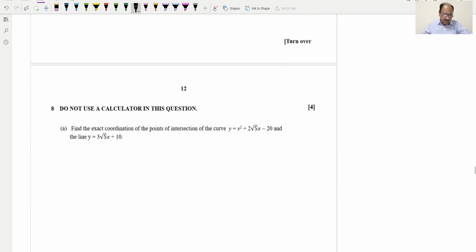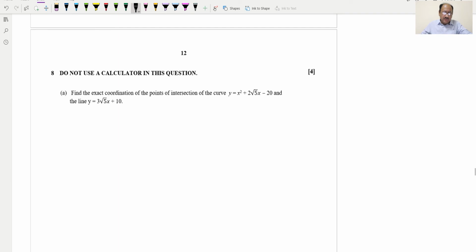Next is question number 8, and we can't use the calculator in this question also. In part A, find the exact coordinates of the points of intersection of the curve and the line. So we have to equate both these equations. So we can write x squared plus 2 root 5 x minus 20 is equal to 3 root 5 x plus 10.